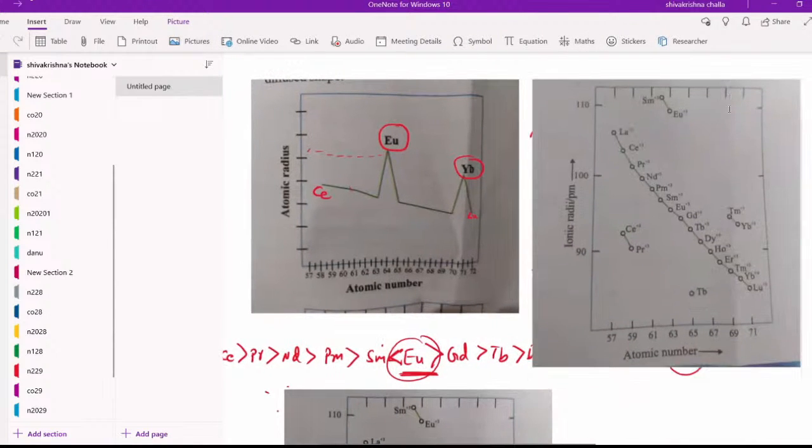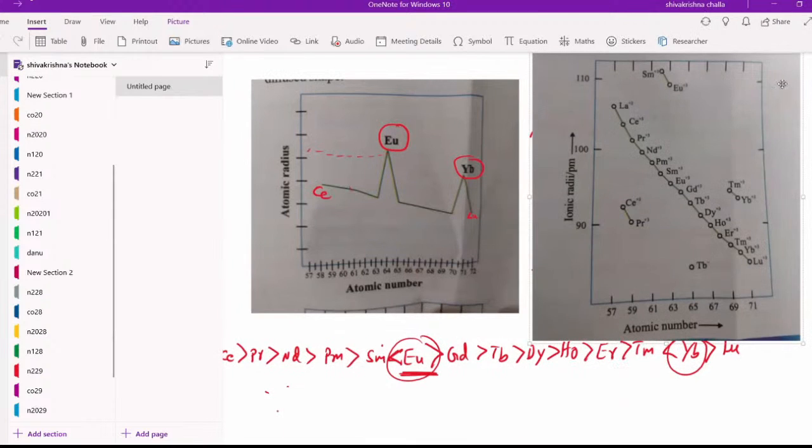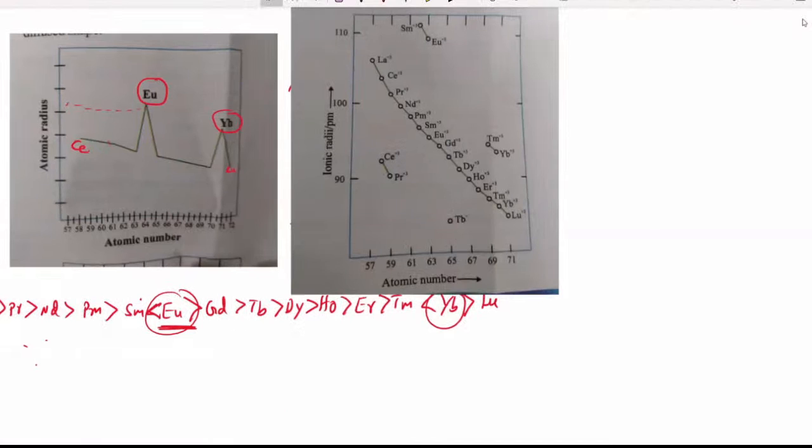Same as in lanthanide contraction itself. Have you seen this too in your Narayana material? This is only metallic radius or atomic radius. If we consider the atomic radius, europium is highest.